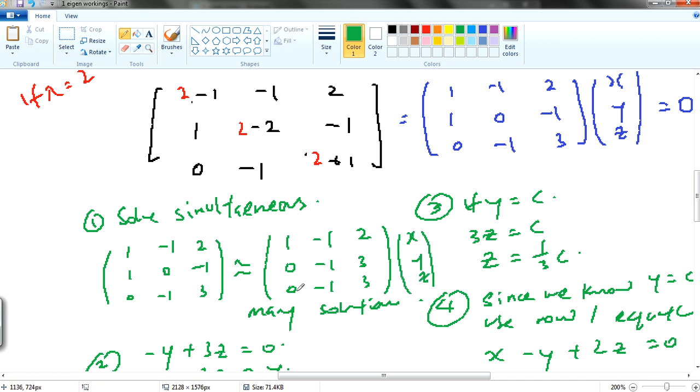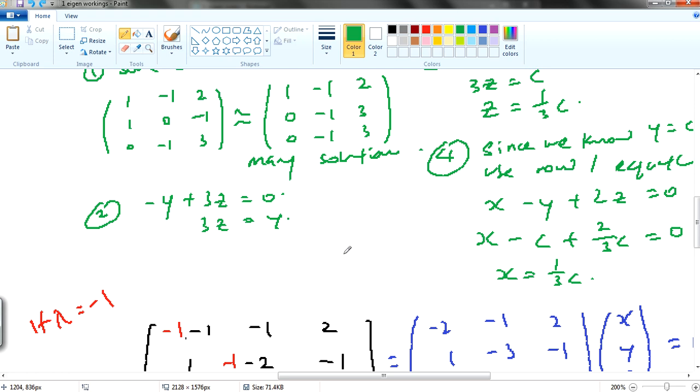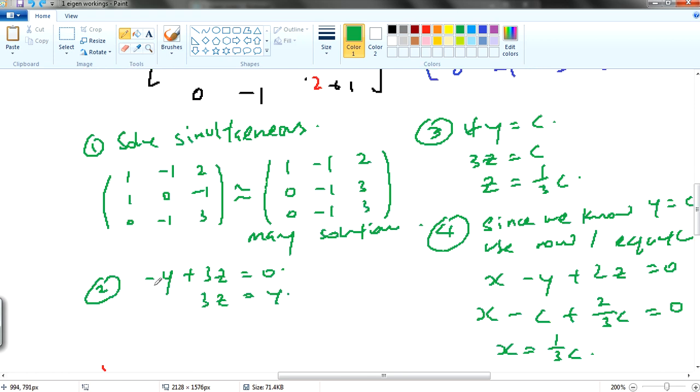So if you were to multiply 0 times x, 0; minus 1 times y equals to minus y, and then 3 times z equals to 3z. So this is what it is. Therefore, we have minus y plus 3z, and we have the relationship between these two variables, 3z equals to y. Therefore, let's sub in y equals to c again. So if y equals to c, then 3z is equals to c also, and then z equals to 1/3 c.